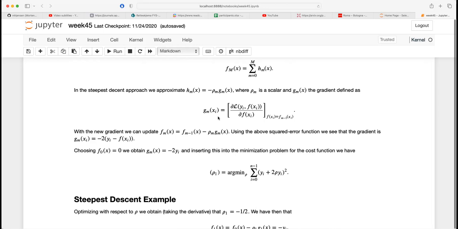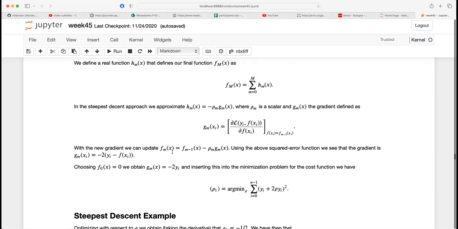The advanced method beyond this steepest descent, as it's normally called, is a method called gradient boosting, which we're going to see in the next step. So in this particular case, what we do now is that we take the cost function, we plug this one back again.